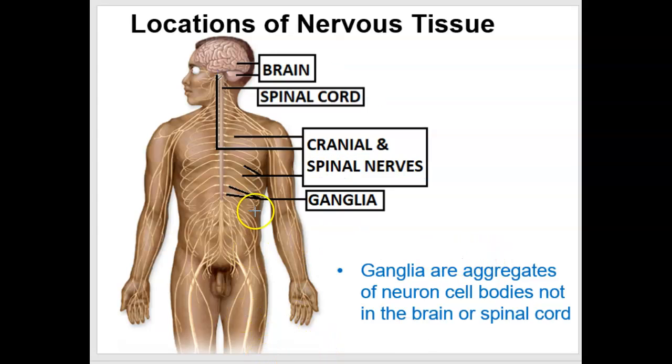And then also in the periphery, we have these bulges, which are very difficult to see, and you'll get to see them with the nervous system in more detail. But these bulges next to the spinal cord, as well as different locations throughout the body, these bulges of nervous tissue are ganglia. And the ganglia are just aggregates of neuron cell bodies that aren't in the brain or the spinal cord.